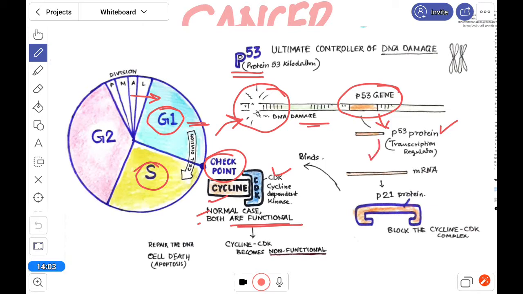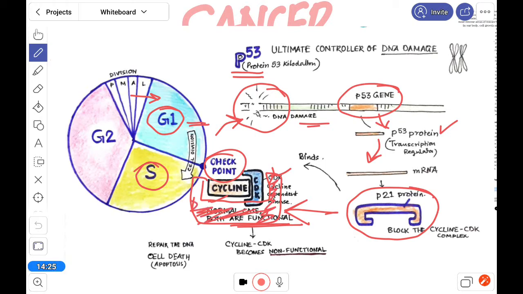It activates other genes and mRNAs, and forms the P21 protein. P21 will block the cyclin CDK. It is an emergency, and immediately the cell division process will cease and become non-functional.